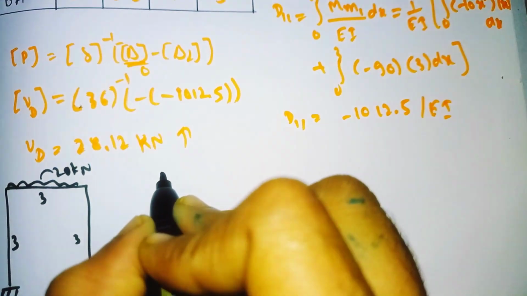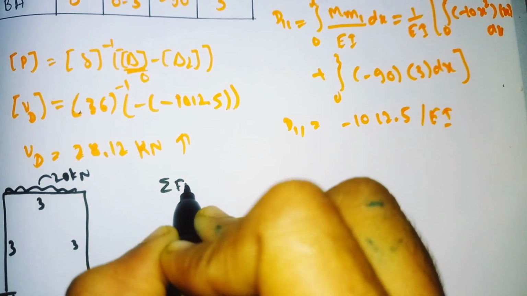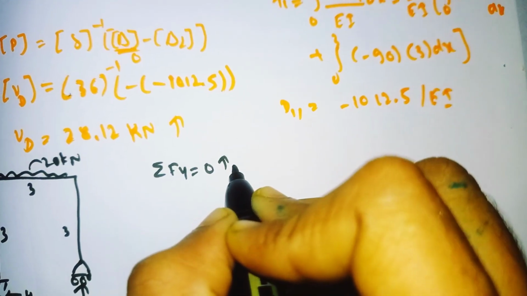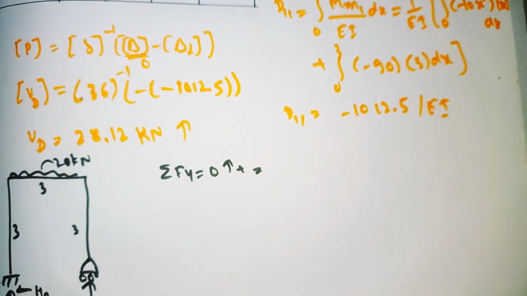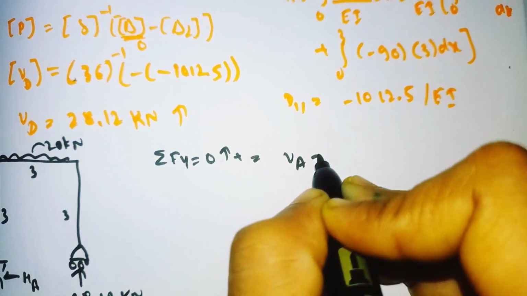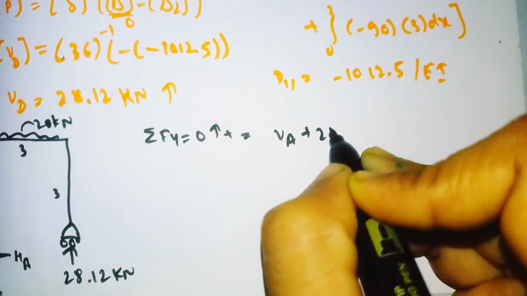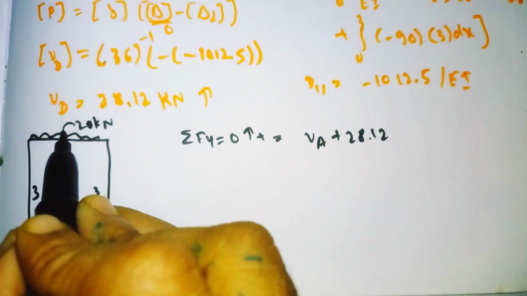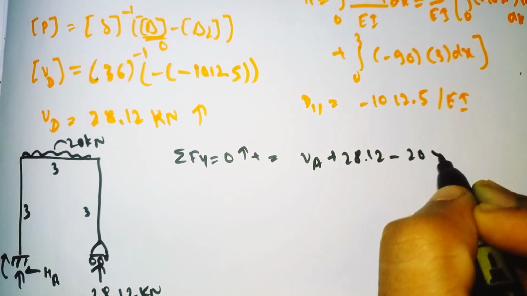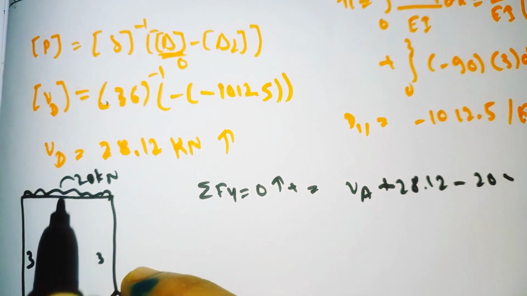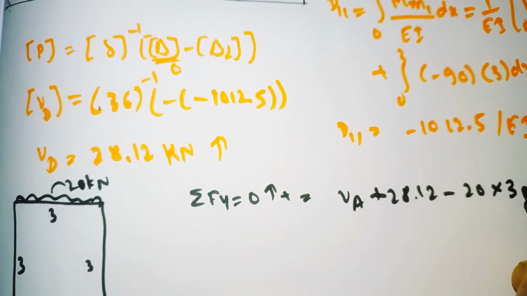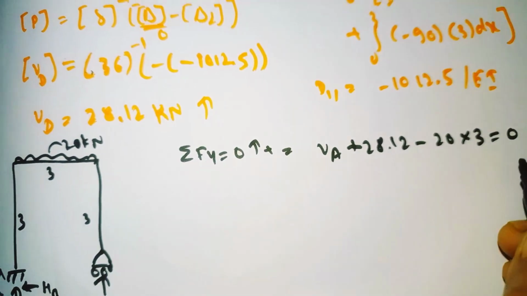So I'm taking, by using the static equation, summation of Fy is equal to 0. All the vertical forces going upward we need to take as positive. VA is going upward, so VA plus, it is also going upward, 28.12. Here the UDL, if you convert it into a point load, comes downward, so minus 20 into a distance of 3 meter, is equal to 0.